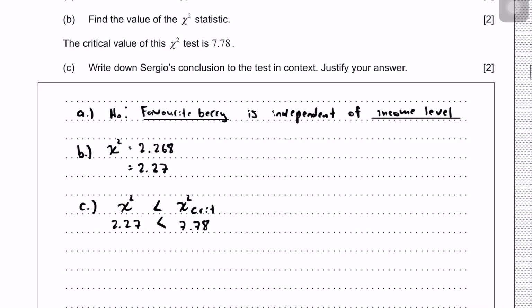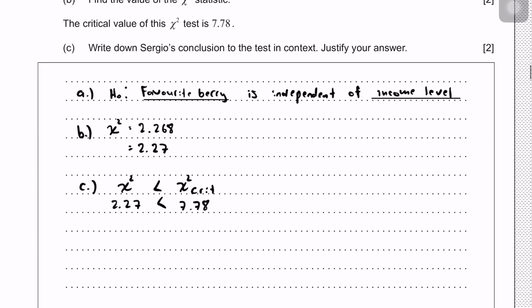So in this case, the difference is rather low, or at least lower than what we're willing to tolerate. The difference between observed and expected, our chi-squared value, is 2.27, and that's a lot lower than what we're willing to tolerate. Anything above this, we would say, hey, that's a significant amount of difference. Maybe there is some kind of influence because our observations are quite different than what we would expect just based on chance alone.